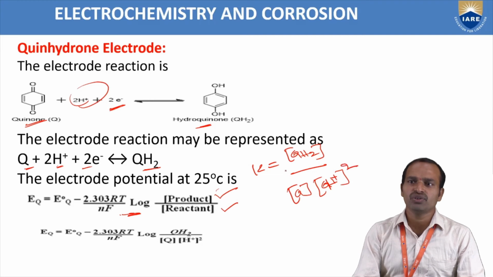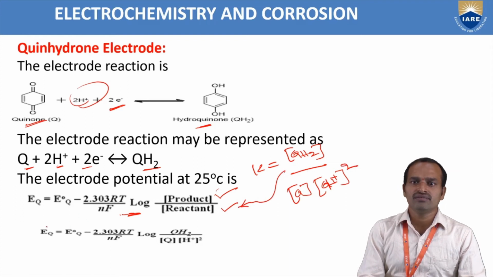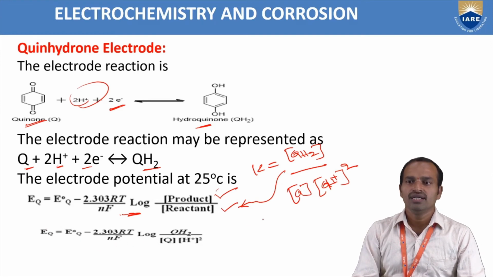We substitute this value in the Nernst equation. Then we get EQ is equal to E0Q minus 2.303 RT by nF log concentration of QH2 by concentration of Q into H plus whole square.